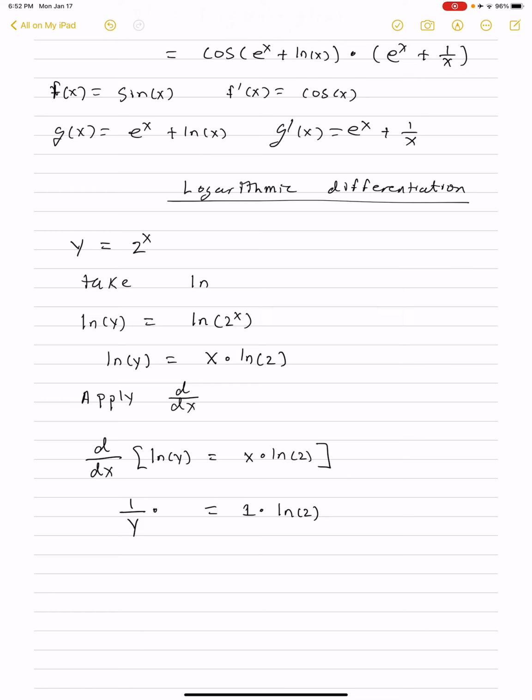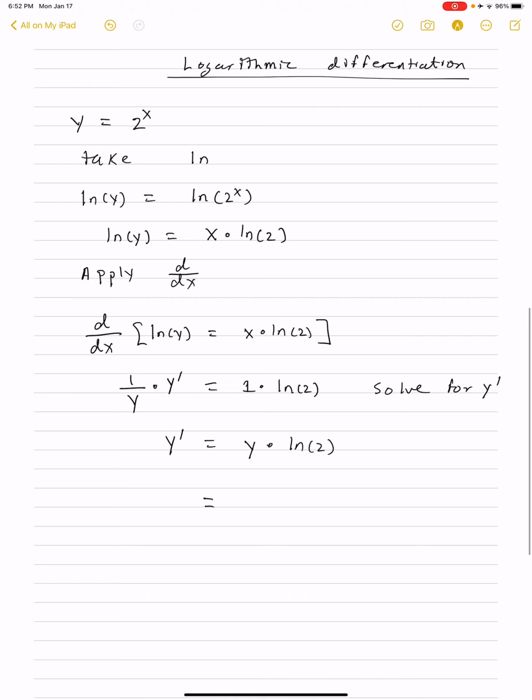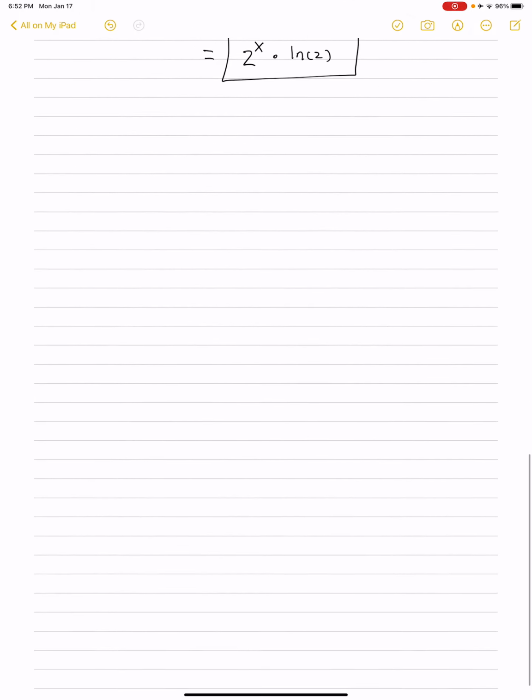What's inside is y, and the derivative of y is called y prime. So if I solve for y prime, I get y times ln of 2. My goal is to have my final answer in terms of x alone. Remember, y is 2 to the x. And so the derivative of 2 to the x is 2 to the x times ln of 2. That was an example of logarithmic differentiation.